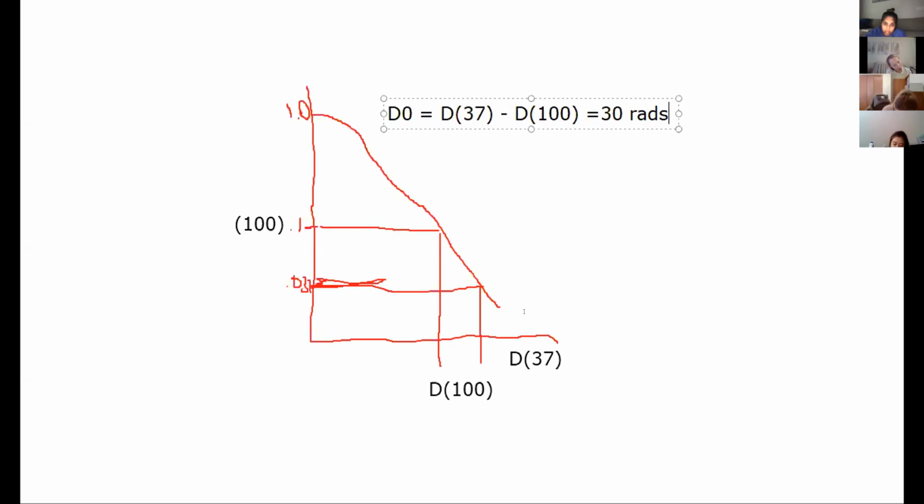So you have to be on that straight line or exponential portion where there's only one target left in order to estimate radiosensitivity. And D sub 0 is in essence exactly the same thing as D sub 37 for an exponential curve. It's the amount of radiation that it takes to kill one target. So in this example, it was 30 rads. Okay.